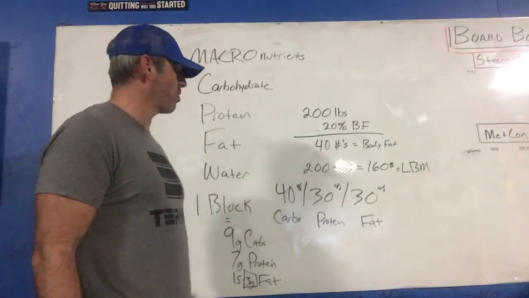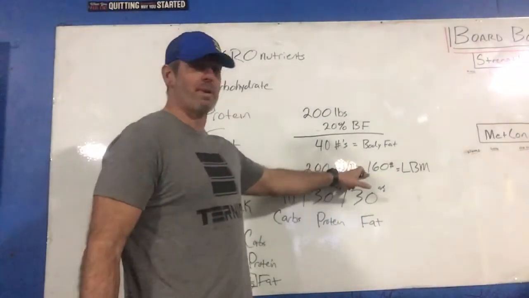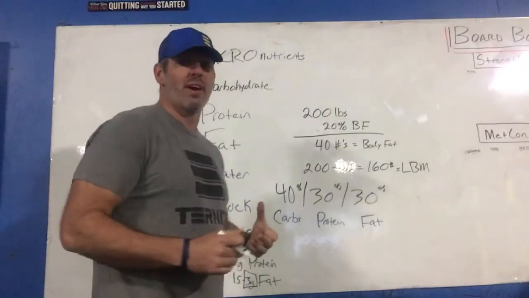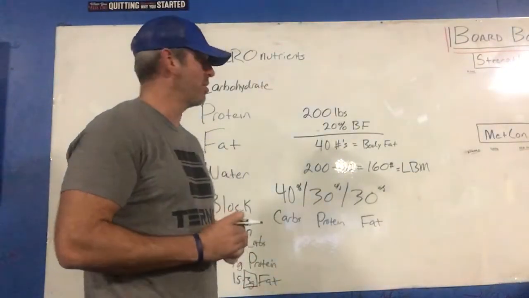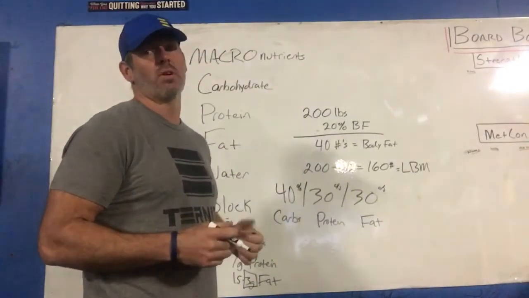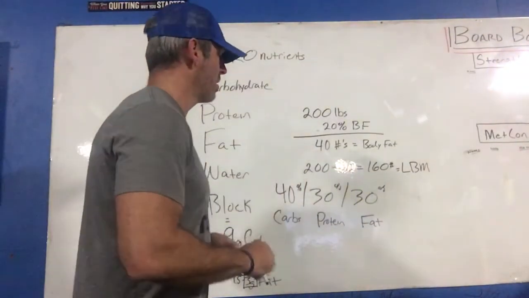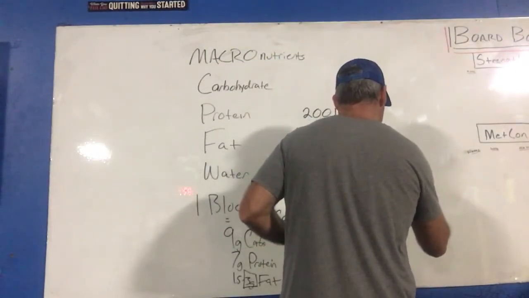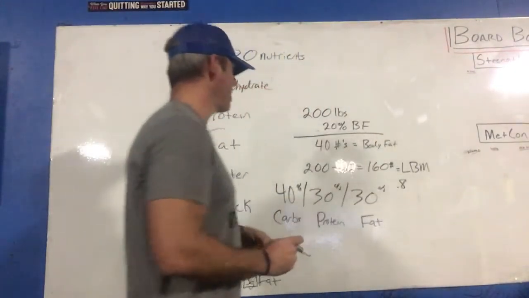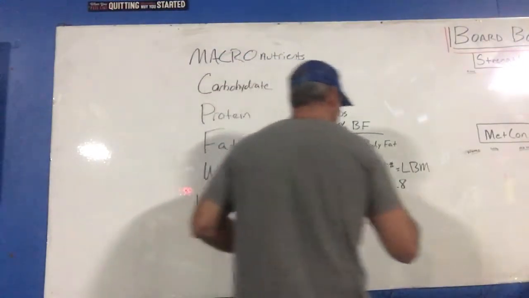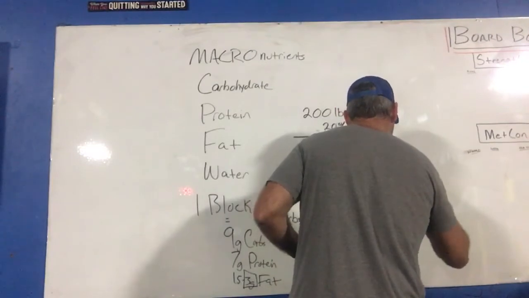So we're going back to our 200-pound man who has 160 pounds of lean body mass that we're trying to support. There is an activity factor in the calculation that we're going to use. Basically, if you do 2.5 to 3 hours of exercise in 1 week, then your activity factor is 0.8. So 0.8 times 160 would be 128.